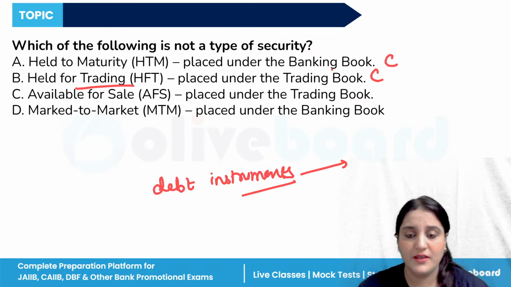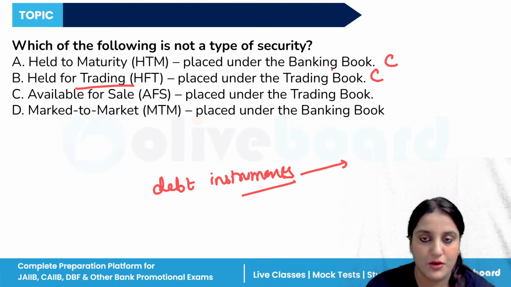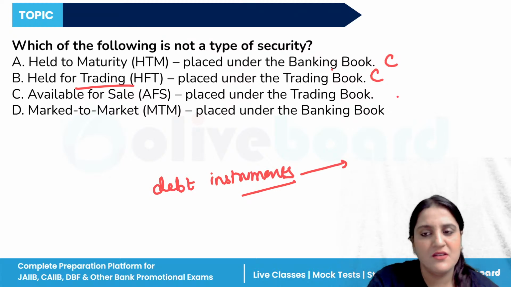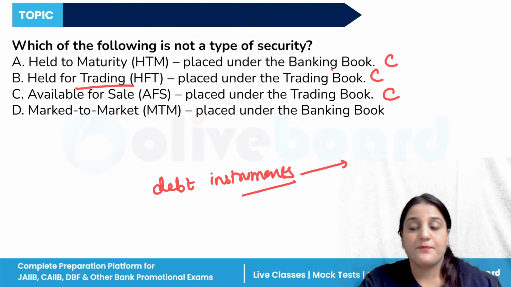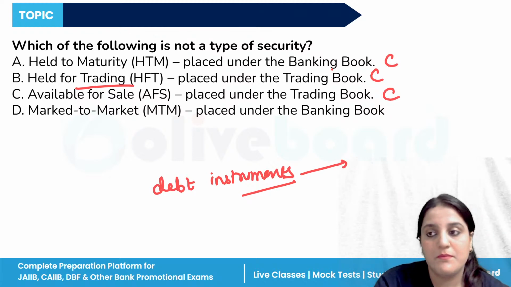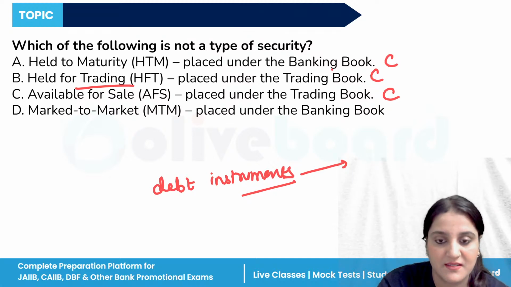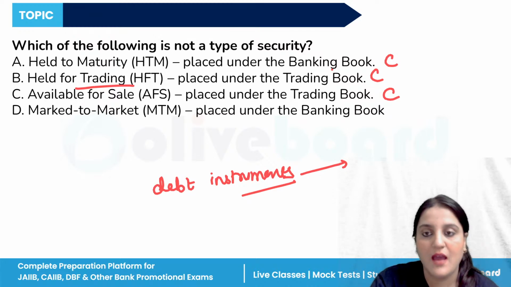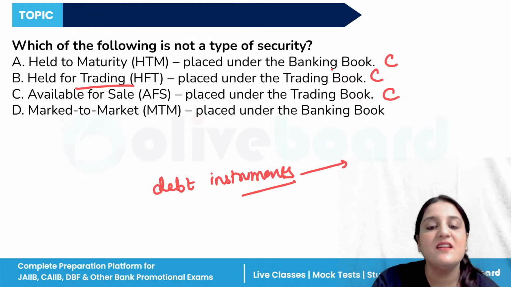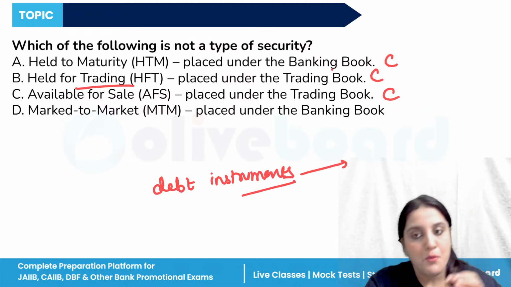The third option is saying that AFS is placed under the trading book. This statement is also correct, but a little bit of misplacement is there. Available for sale securities are typically placed under the banking book rather than the trading book.